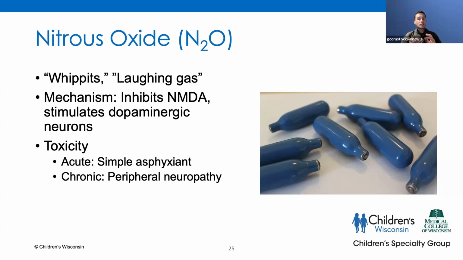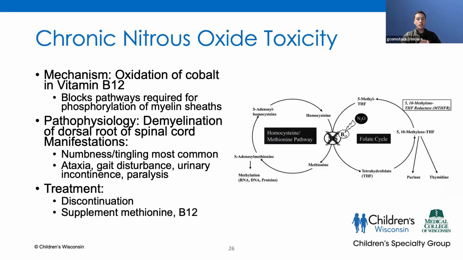Chronic use has some differences and is something a little bit more worth talking about at some length, so it's got its own separate slide. Let's talk about chronic nitrous oxide toxicity. It's kind of interesting. The mechanism is that nitrous oxide will oxidize the cobalt moiety in vitamin B12. When it does that, B12 does not participate in a couple of really key chemical reactions.